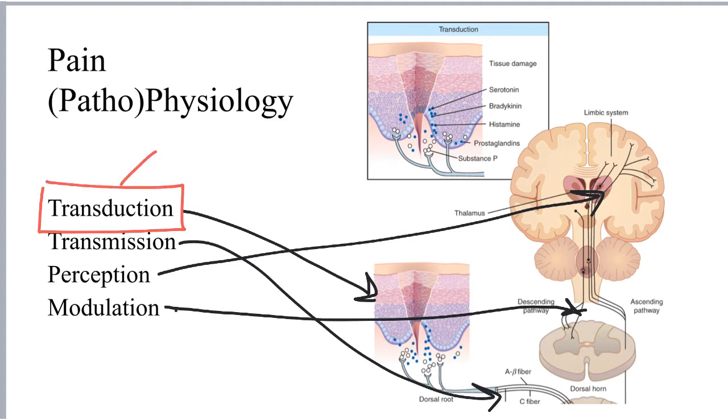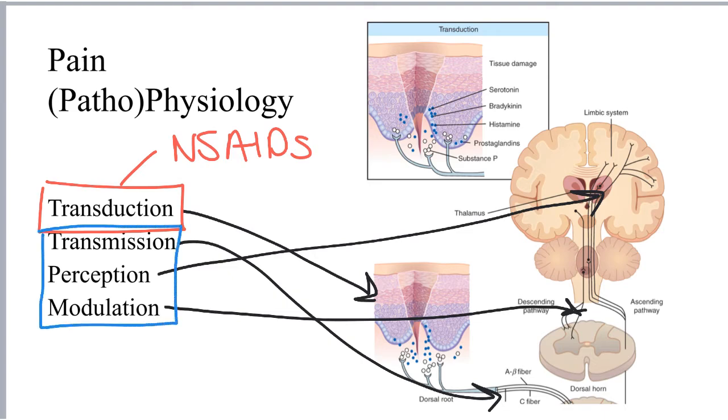A few drug classes, including NSAIDs, aspirin, and acetaminophen, are effective in reducing the activity at this stage of pain processing. In the transmission, perception, and modulation stages, several drug classes exist to modify the activity of neurons in these stages, including the opioids, antidepressants, and anti-epileptic or anticonvulsant drugs.